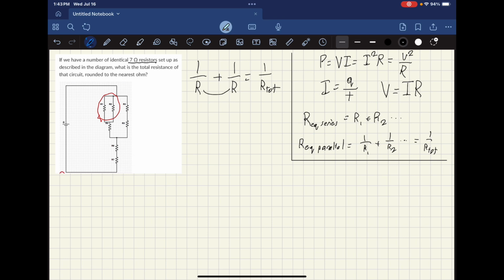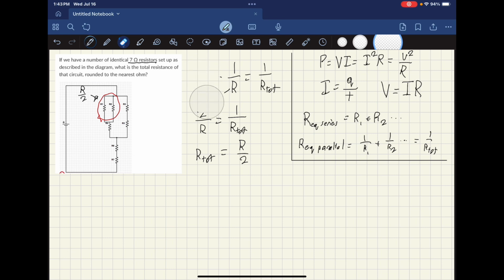These two share a common denominator, and so we just add the numerators, and we get 2 over R equals 1 over R total. So we can invert both of these, and we know that our R total is equal to R over 2. And this is for this first loop here. So I'm going to say that this is R over 2.